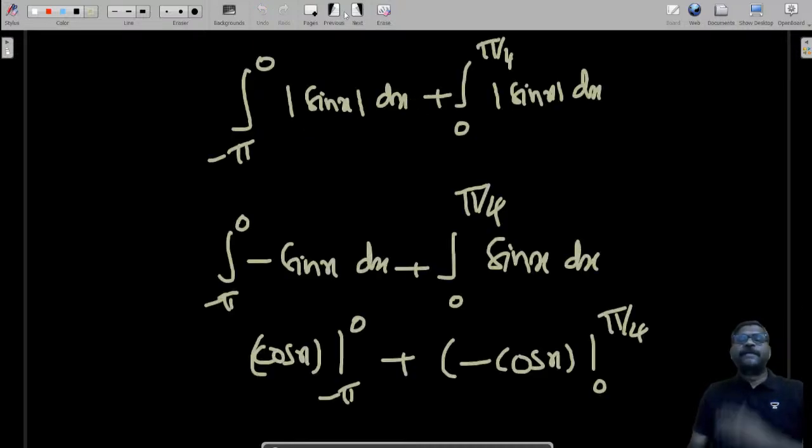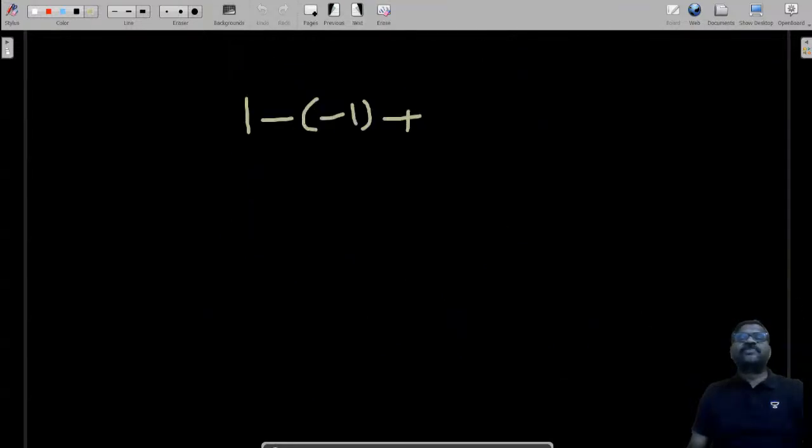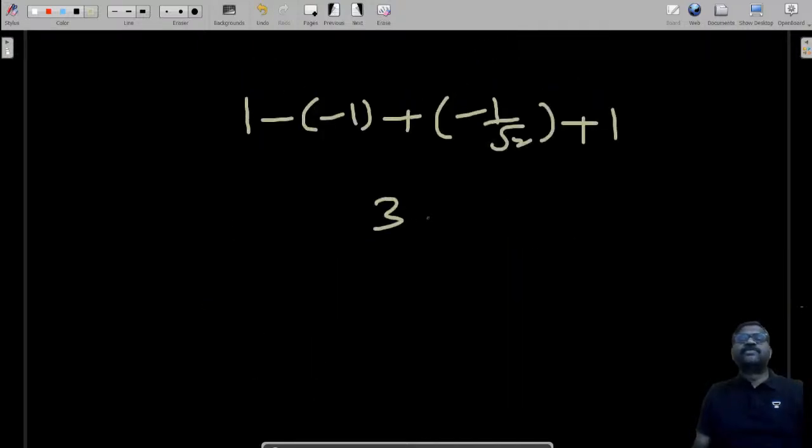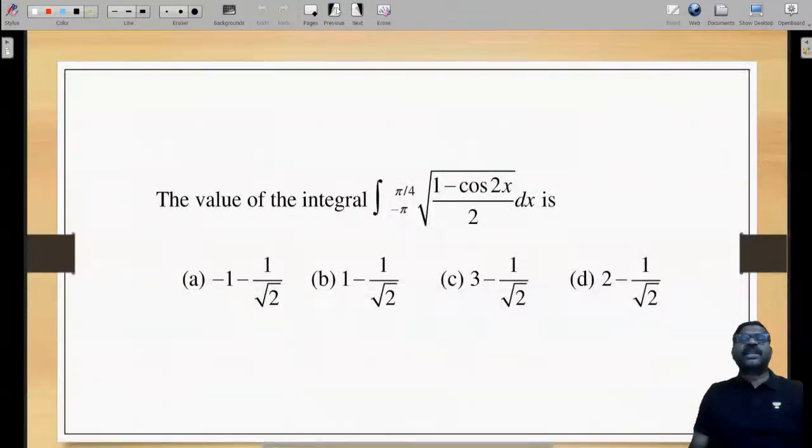Applying upper limit, cos 0 is 1 minus cos pi is minus 1, plus minus cos pi by 4 minus 1 by root 2 minus of minus plus 1. Finally 3 minus 1 by root 2. Final answer is 3 minus 1 by root 2.